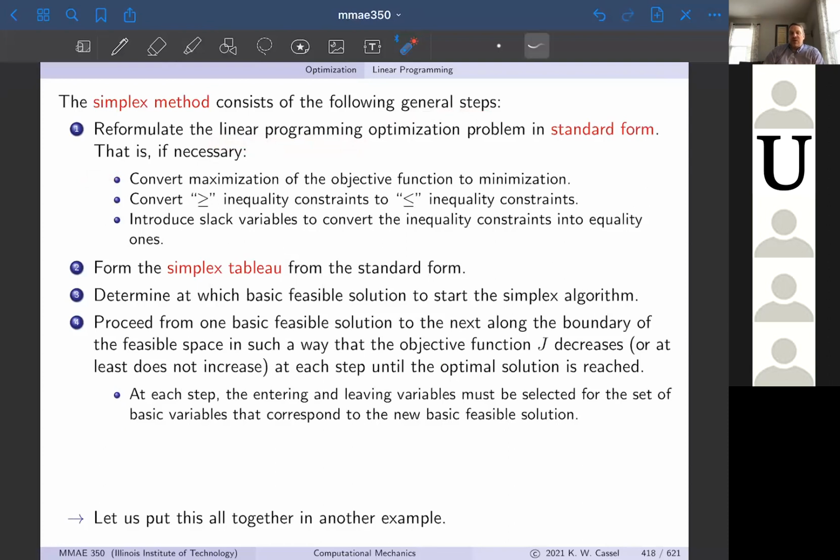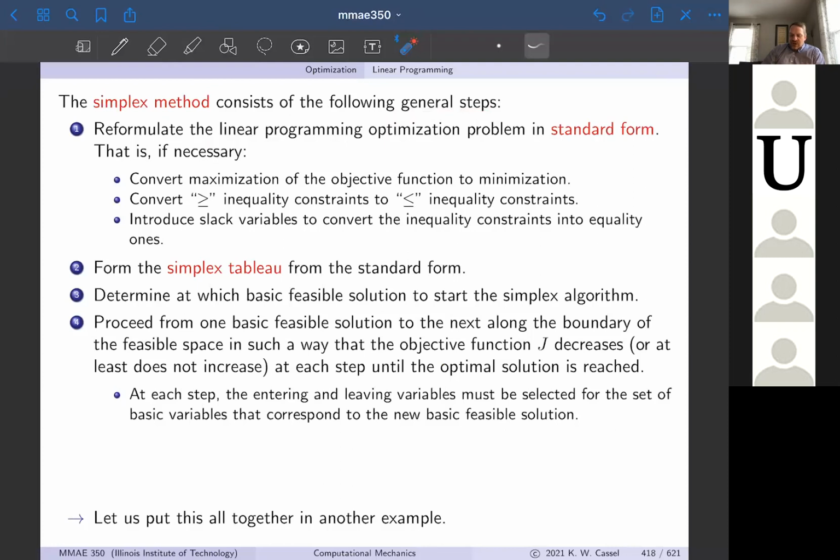As we've said before, if it is naturally posed as a maximization problem, for example, to maximize the profit of a company, then all you have to do is take minus J. The maximum of a function is the minimum of the negative of that function.